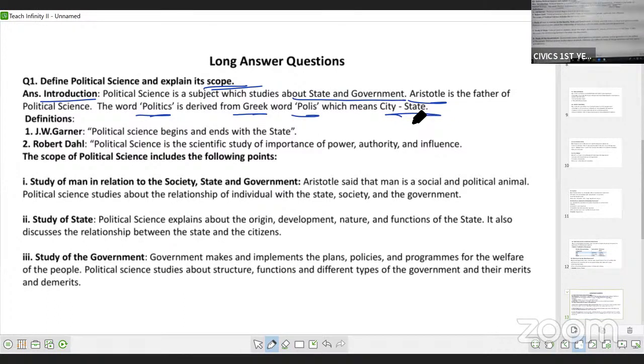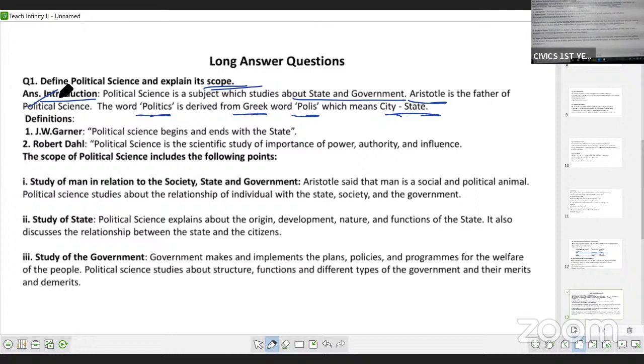Introduction is just 2 or 3 simple sentences. That is political science, it deals with state and government. Aristotle is the father of political science. The word politics is derived from Greek word polis, which means city-state. With 3 simple sentences, your introduction is over.